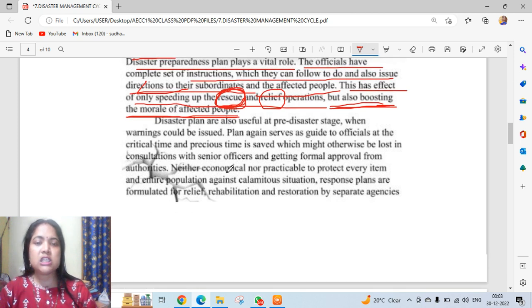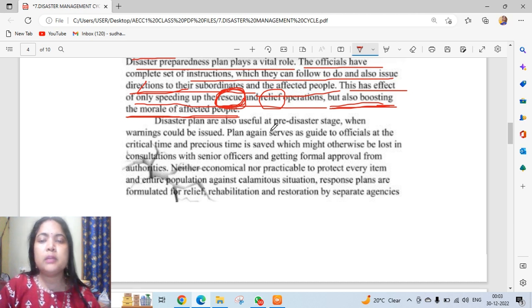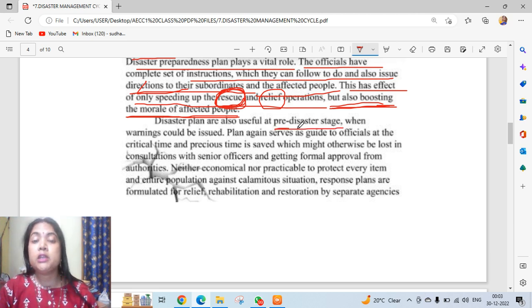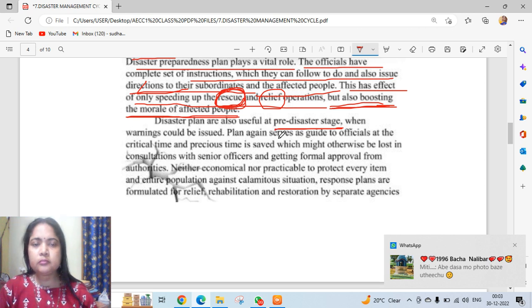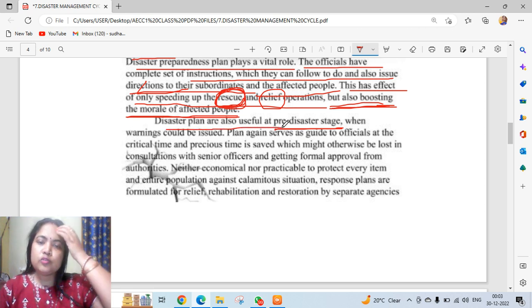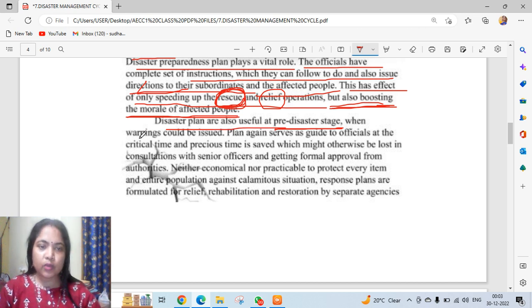So disaster plans are also useful at the pre-disaster stage. During the discussion of phases of disaster, I told you that there are three phases, means pre-disaster phase, during disaster phase, and post-disaster phase, isn't it? So the disaster management plan is also useful at the pre-disaster stage when warnings could be issued.